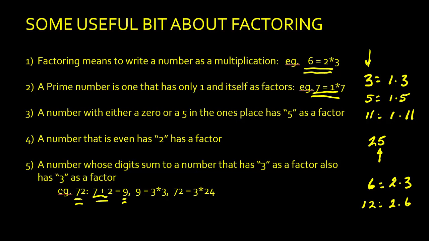You know that you can write 9 as 3 times 3. So since you can factor 9 as 3 times 3, then 72 also has a factor of 3. And so we could write 72 as 3 times 24.